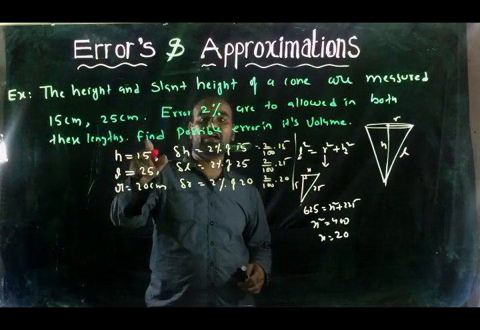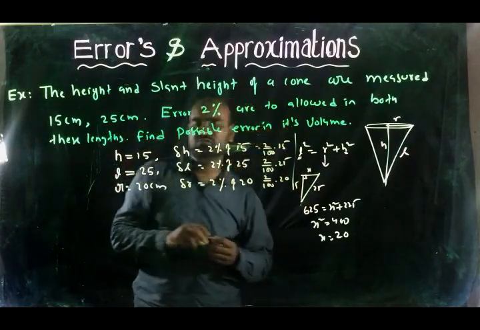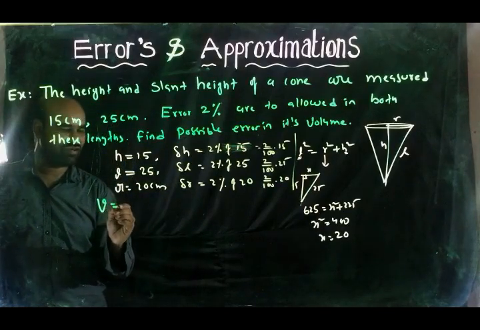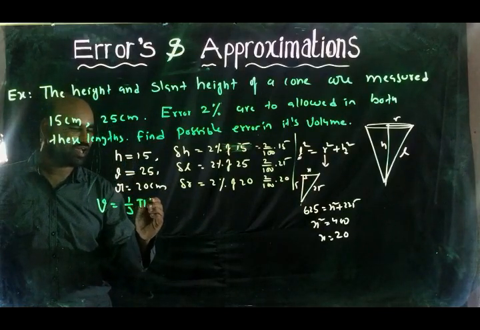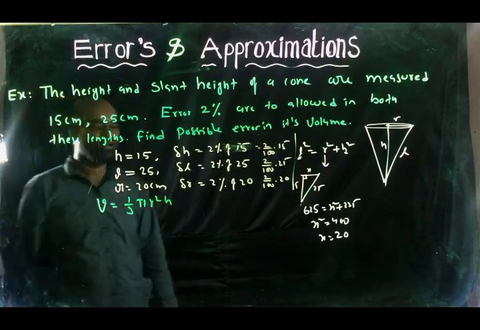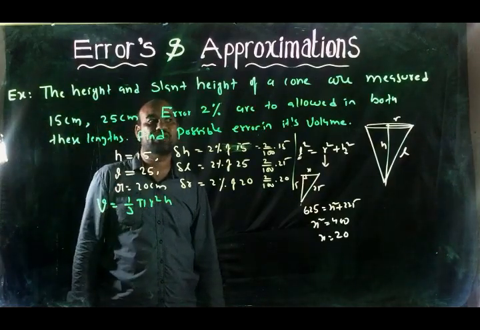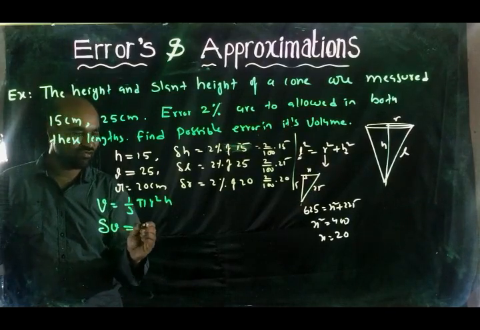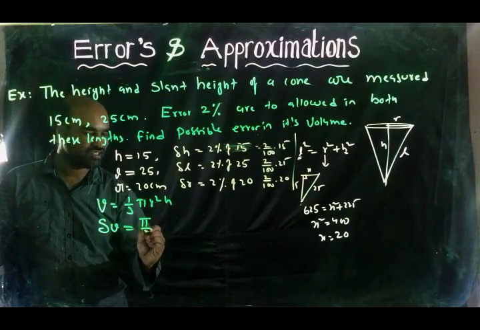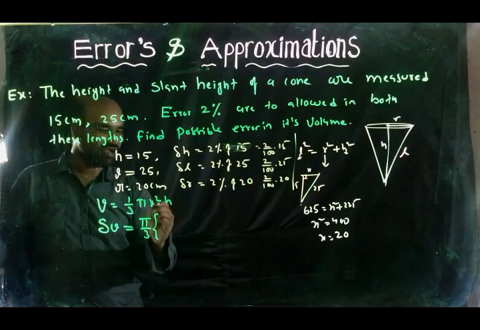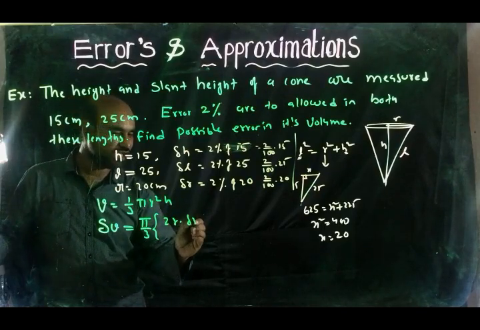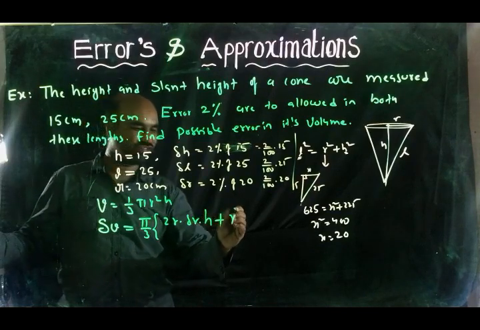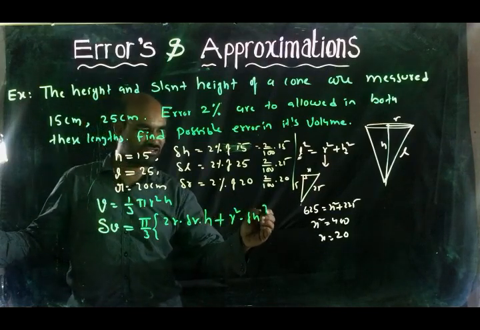So what do you want? Find possible error in its volume. Delta V you want. V equal to 1 by 3 pi r square h. This is the formula to find the volume of a cone. Delta V equal to pi by 3 constant, 2r into delta r into h plus r square into delta h.